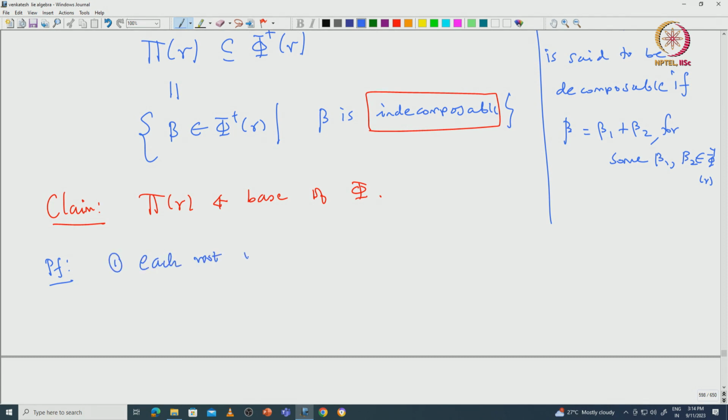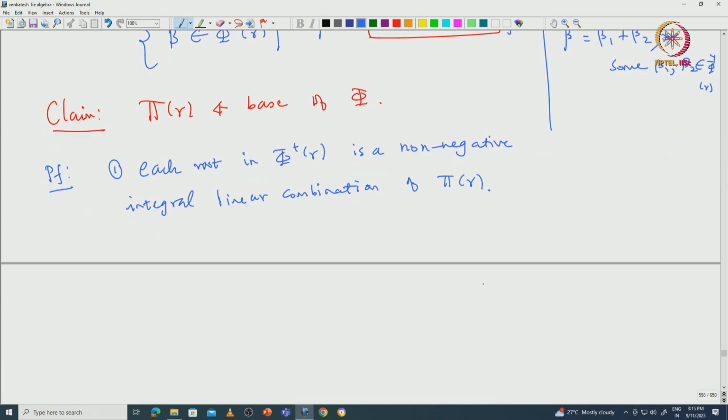Each root inside this phi plus of gamma is a non-negative integral linear combination of this pi of gamma. Why is this true?